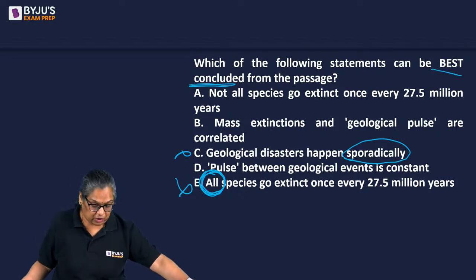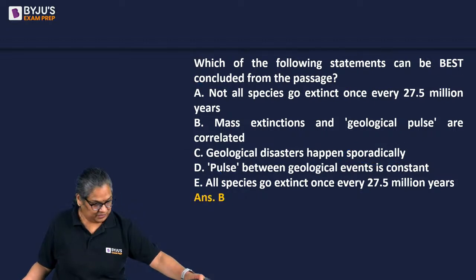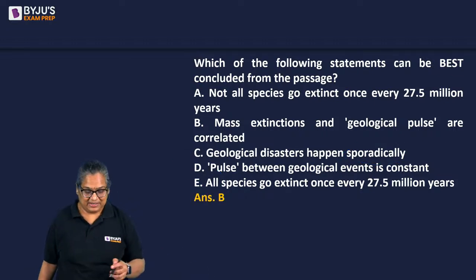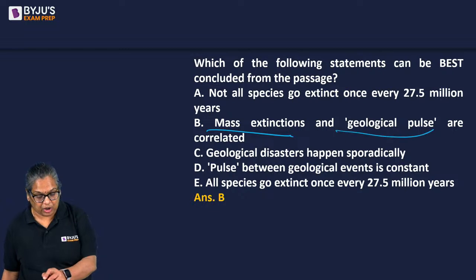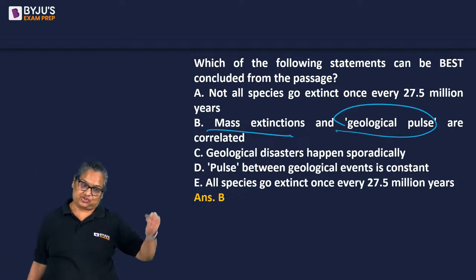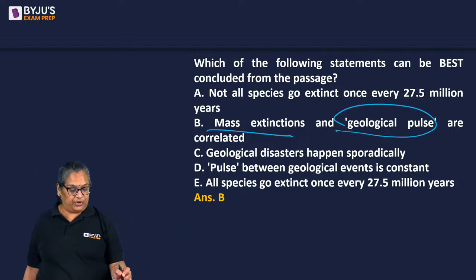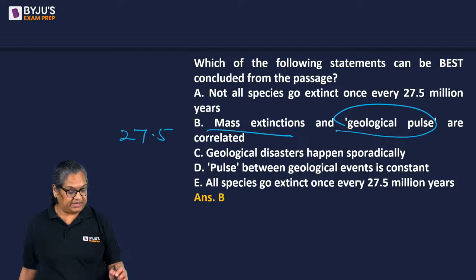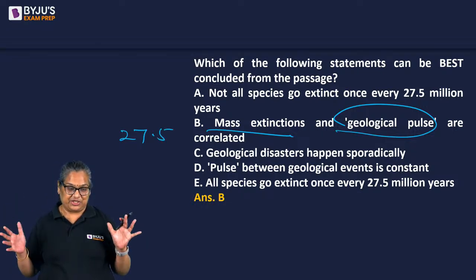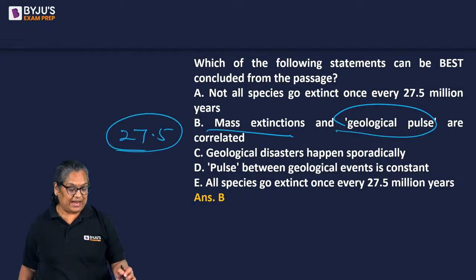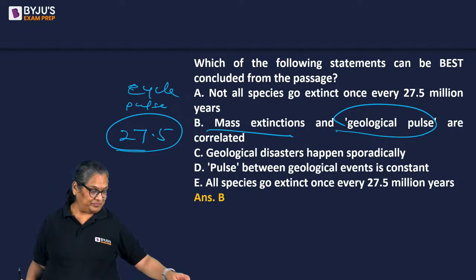But what is the author talking about? Isn't it that mass extinctions also follow a pattern, which is called a pulse here, of 27.5 million years? So there is a relationship between mass extinction and this pulse or cycle when things happen more. Got it?